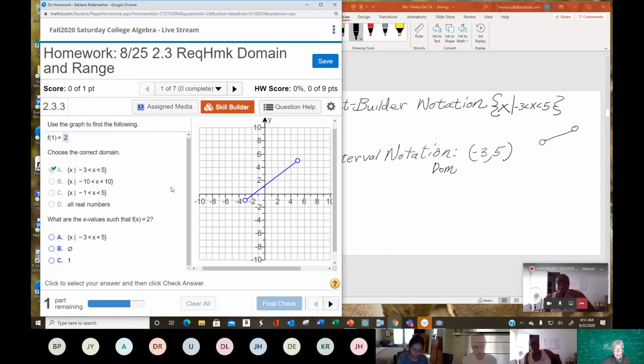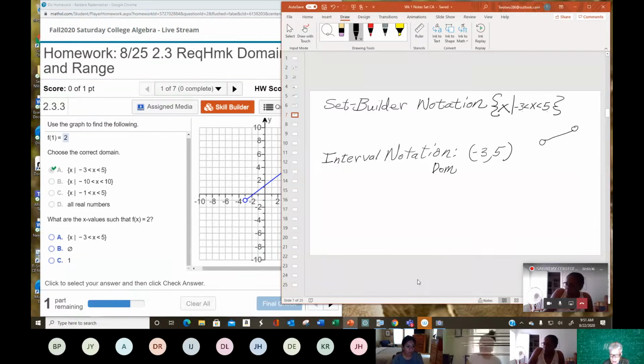Right now, what are the X values such that f of X equals 2? It's gone back to, again, what is a function? Now we're looking at a completely different question, actually.